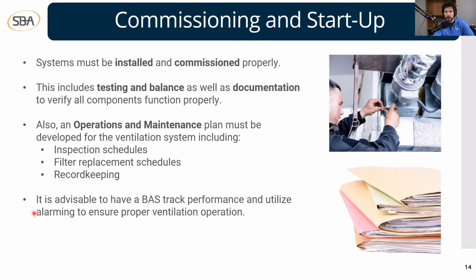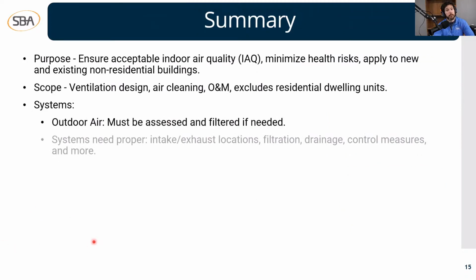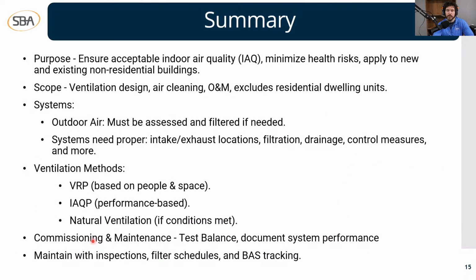So let's wrap it all up. So ASHRAE 62.1 has a purpose, a very big, important purpose that probably doesn't get talked about enough. It's to ensure acceptable indoor air quality, or our IAQ. It's also to minimize health risks, and it applies to new and existing non-residential buildings.